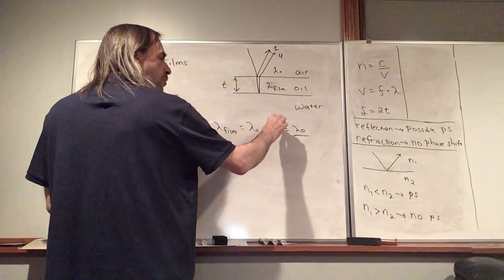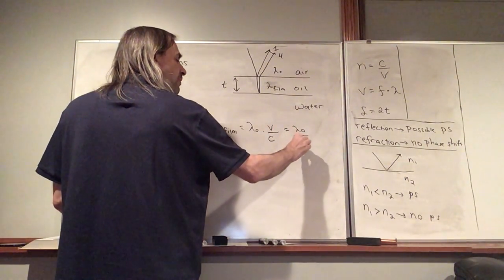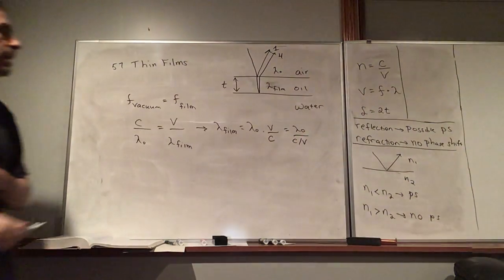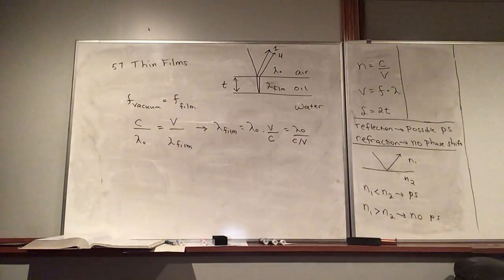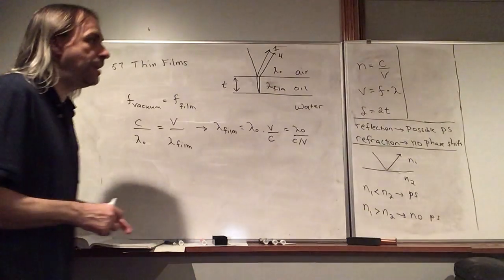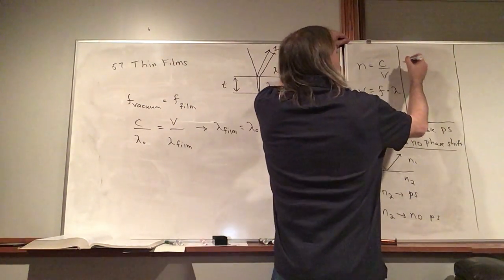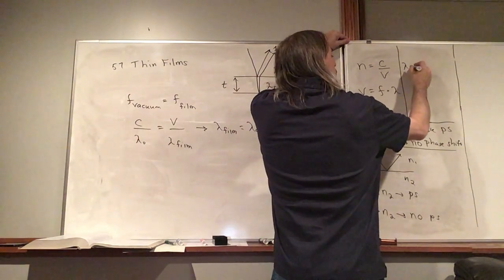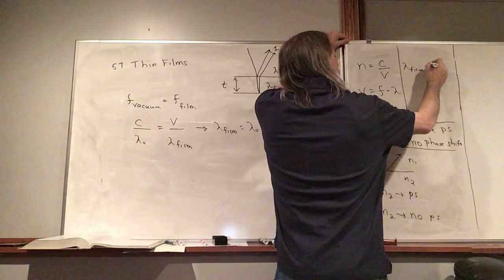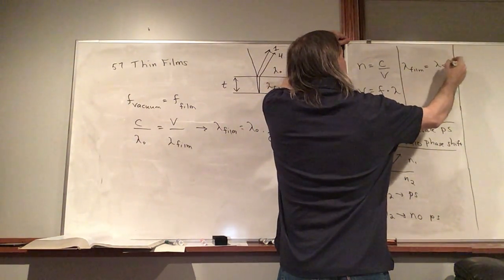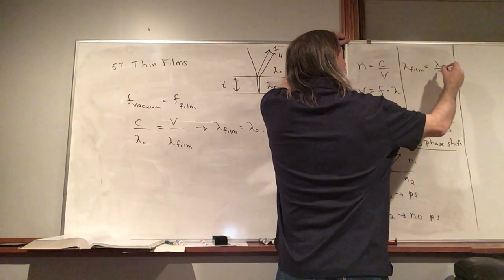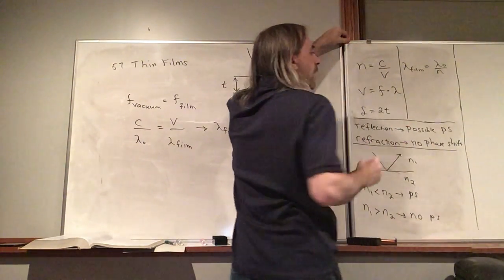If we multiply the numerator and denominator times 1 over v, we can say lambda naught divided by c over v, which is n. So what we have here is that the wavelength in the film is equal to the wavelength in vacuum divided by n.